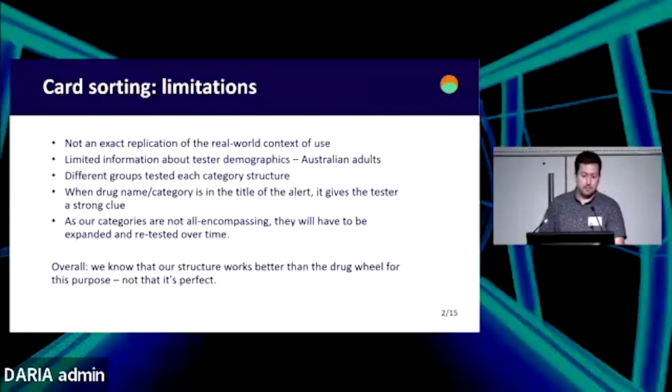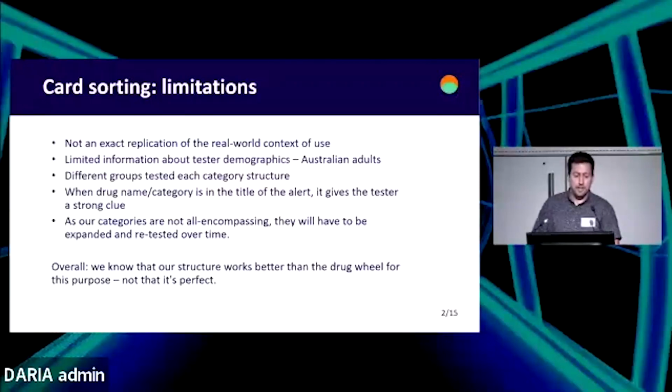We have limited information about the demographics. The company we used to recruit told us they're Australian adults, but we don't know much about their interest or literacy in drugs. Different groups tested each category structure, so it's not an exact match on the sample. And when the drug name category is obviously in the title of the alert, it gives the tester a strong clue.